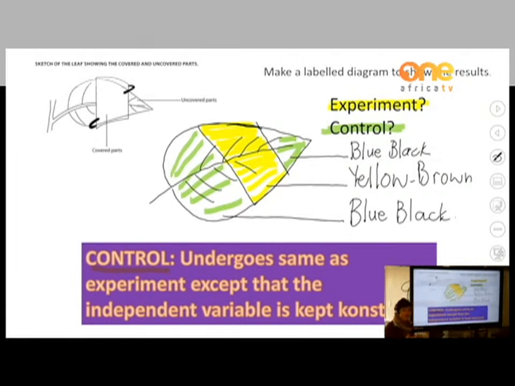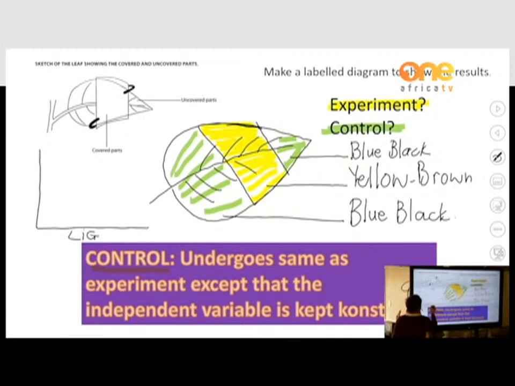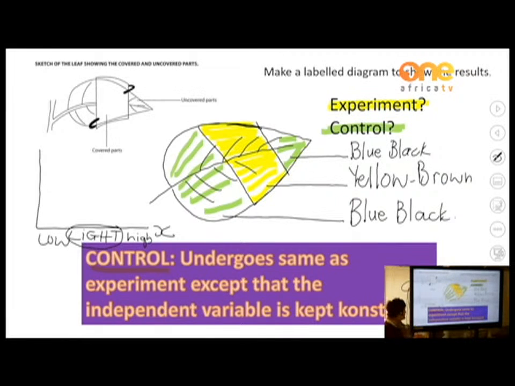If light is there or not there, and I draw a graph, I will have light on the x-axis because the light can be changing from very low to very high, because light is what I want to show as the factor.